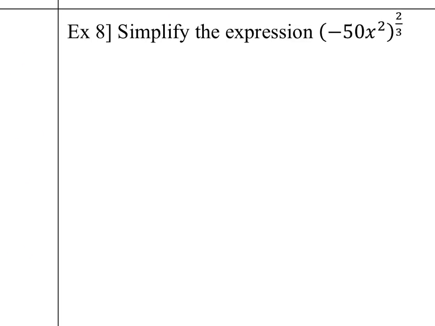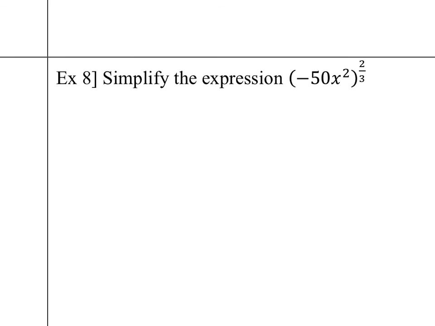Lastly, simplify this expression. So this one's a little different because now I don't have a 1 as the numerator. So we're still going to make a radical with it, negative 50x squared underneath. Then the 2 is your exponent, the 3 is your index. So now we have this negative 50x squared all squared, and the 3 is your index telling me I have a cube root.